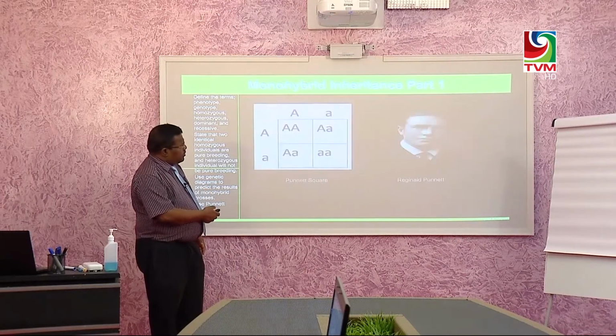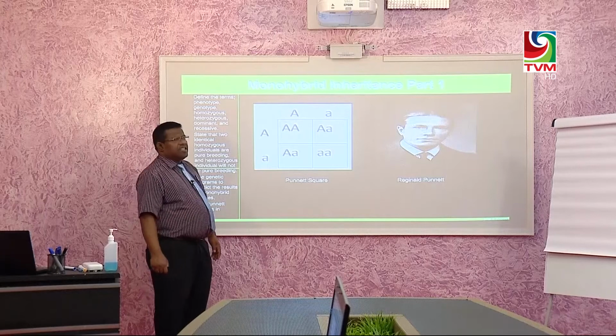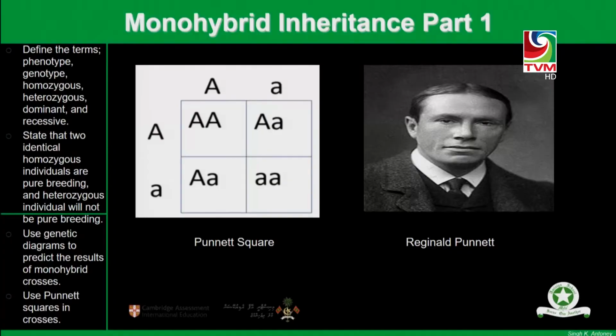And in writing the genetic diagram, there is another method, especially in the area where fertilization I have mentioned. Instead of drawing the lines to show the fusion of the gametes, you can go for another method known as the usage of Punnett square.